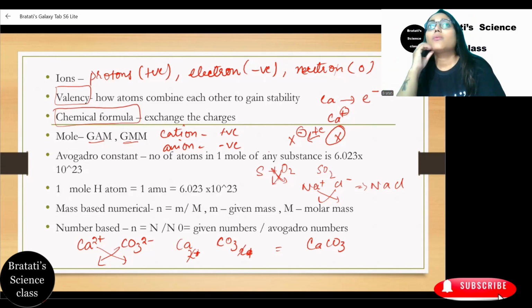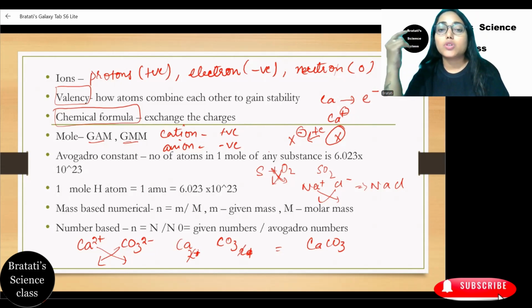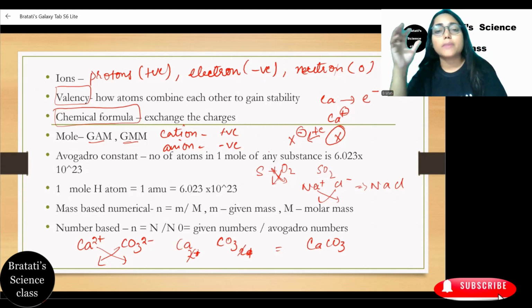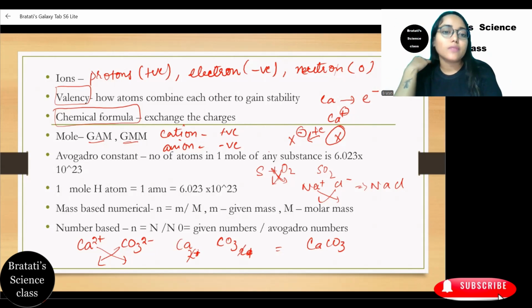And when we have the same mass number but different proton numbers, like potassium-40 and calcium-40, with 19 and 20 protons, these are called isobars. Okay, isobars. We will be learning isotopes, isobars and isotones in detail in the next chapter. Here I just said what these are and how to write a chemical formula.